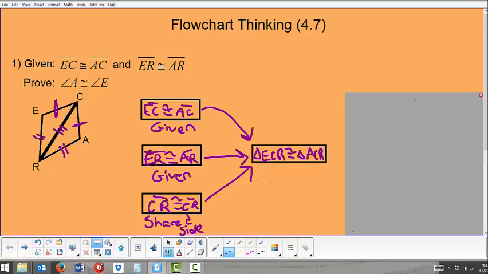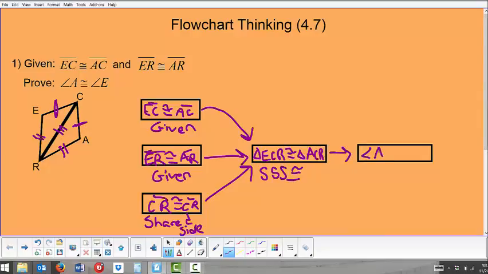And then underneath, again, I'm going to put the reason, and the reason is side, side, side congruence. And then knowing that those 2 triangles are congruent, I can show that angle A is congruent to angle E by corresponding parts of congruent triangles. And there you go, that's it.